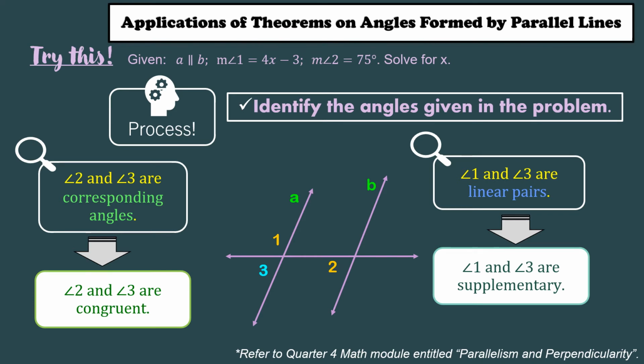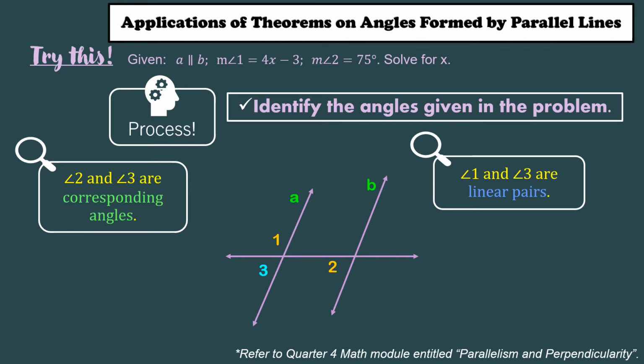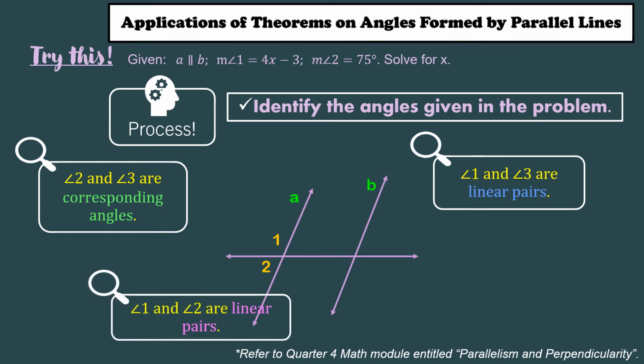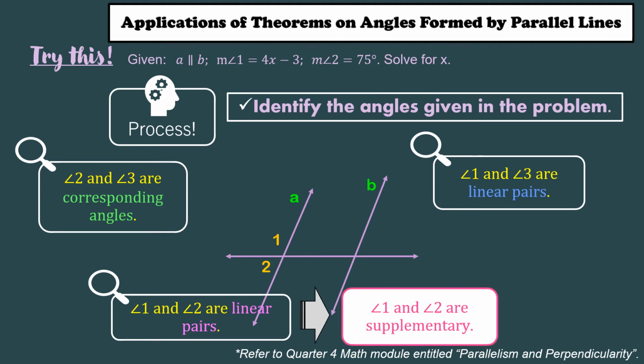Now, putting these two ideas together, since the measures of angles 2 and 3 are equal, angle 2 can take the place of angle 3. With that idea, we can say that angles 1 and 2 are also linear pairs, which means that angles 1 and 2 are supplementary to each other.